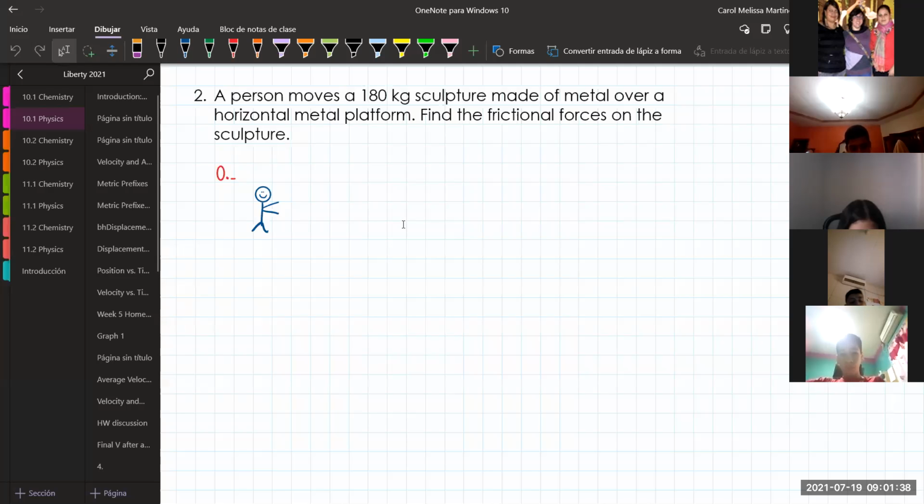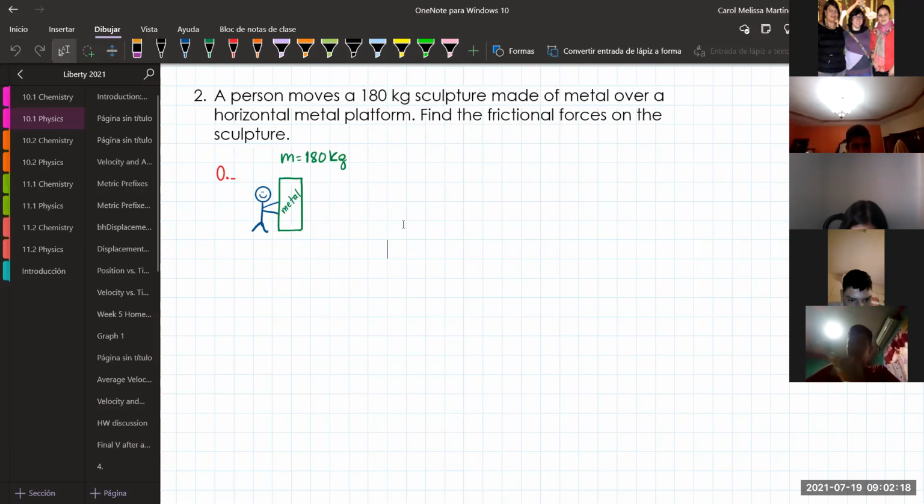Okay, and this person is moving the sculpture. And I'm not good at drawing, so my sculpture is going to be just a box. Okay, what I know about the sculpture is that it has a mass of 180 kilograms and that it is made of metal. Okay, and this person is moving the sculpture on a metal platform.